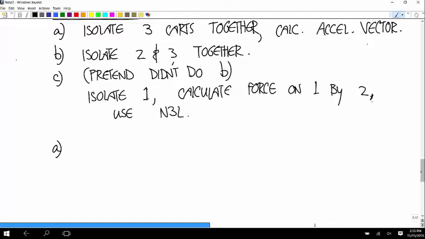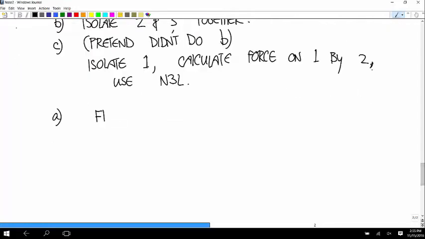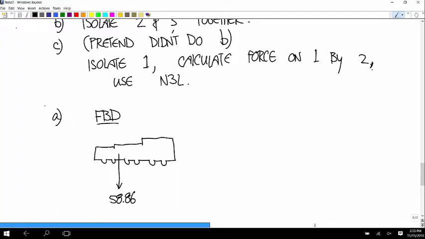Okay, so for part A, a free body diagram of all 3 carts together. There's the weight down. That's the mass of all 3 together times 9.81. So that's 6 kilograms times 9.81, which is 58.86. And now we go around the boundary. There's a pushing contact from the ground.